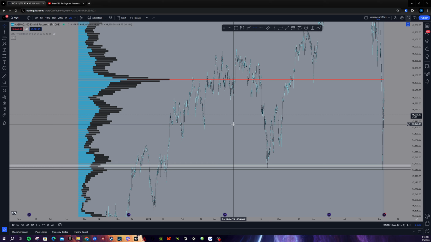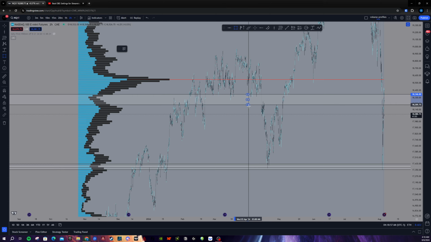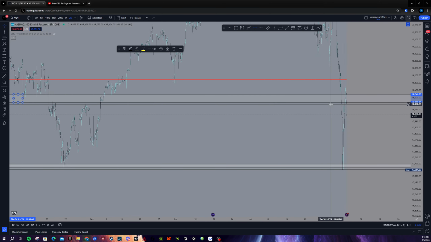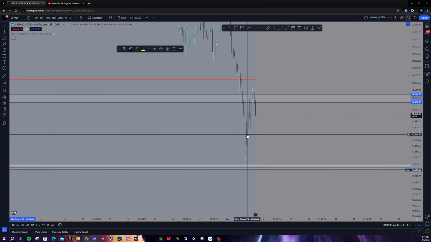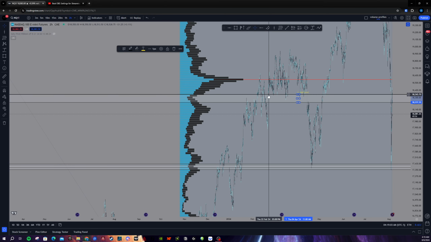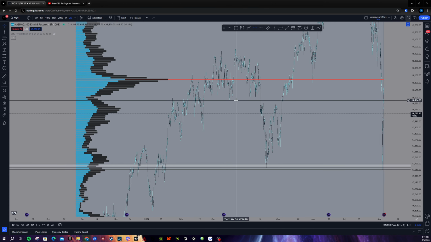So, if price penetrates significantly into these areas, it traverses through them with speed. So this is another thing. Sometimes you can see this is a large low volume profile. It kind of worked as acceleration through the market. You have to understand that not all low volume nodes and low volume zones are created equally.